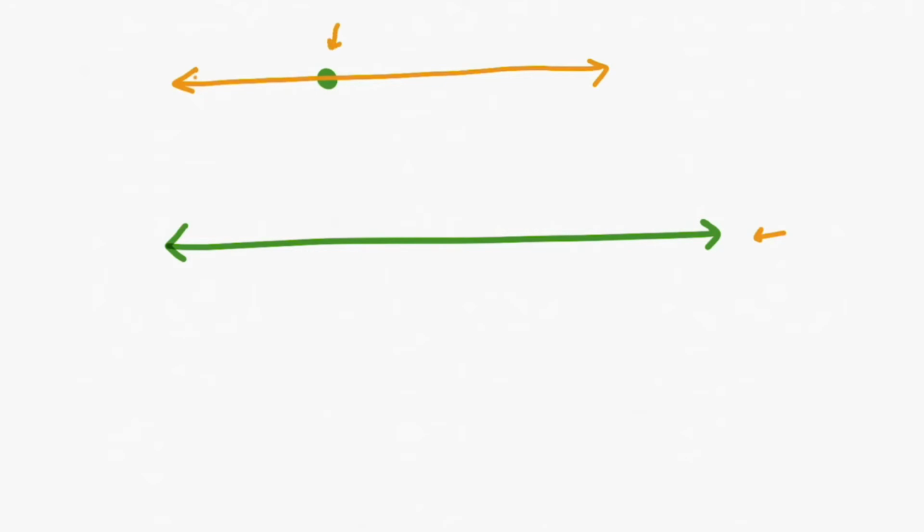Could we draw another line? To me, any line that I draw that goes through that point and is parallel to the green line, there's really only one line that I can draw like that.